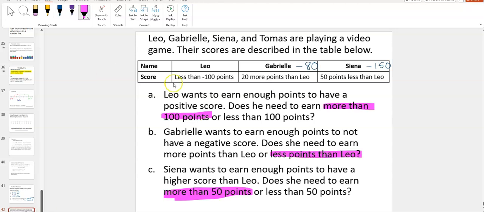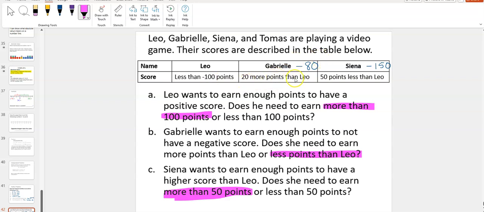All right, so if you look at the table, we know that Leo has less than negative 100 points. So his negatives will be farther left than negative 100, right? So it could be negative 101 or smaller.